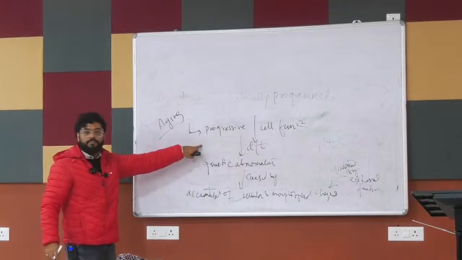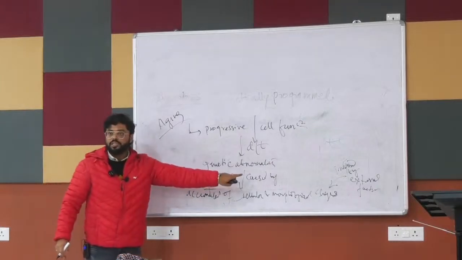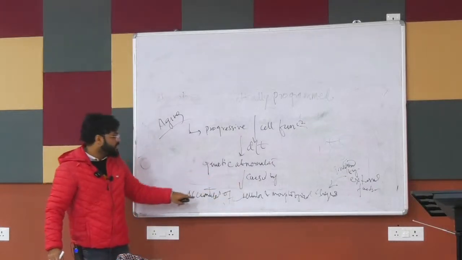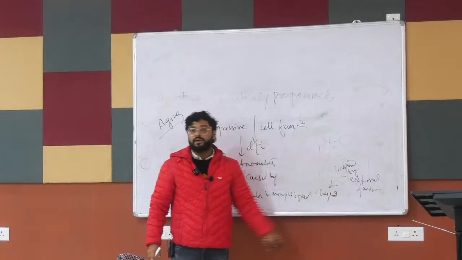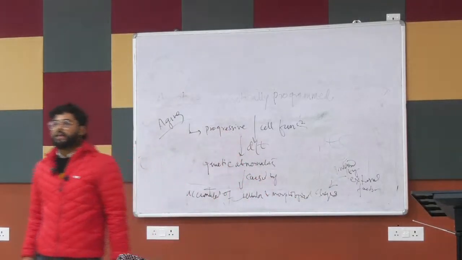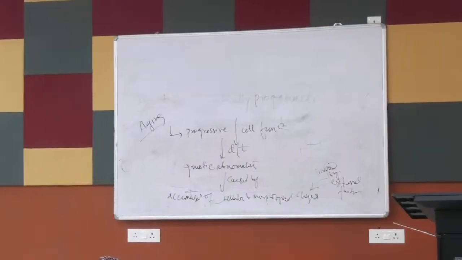Progressive decline of cell due to accumulation of genetic abnormalities, which is caused by accumulation of cellular and morphological changes, which is influenced by external activities or external factors.